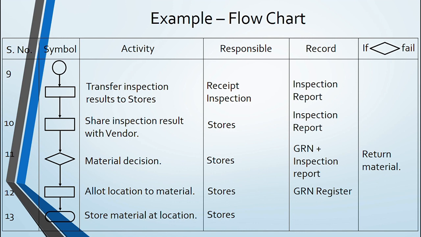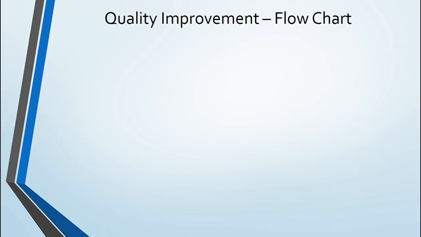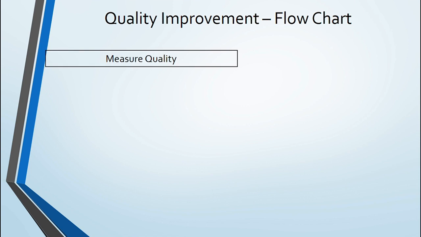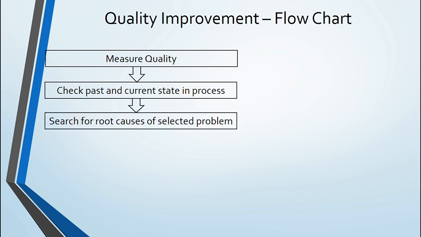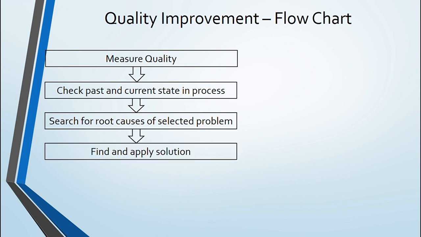A very important example I want to show here will show you the linkage of all these tools in a process improvement plan. For quality improvement in any organization, first we decide parameters to measure quality. Then we check their status and any gap if there is. For any gap, we perform root cause analysis, then find a solution and apply it.